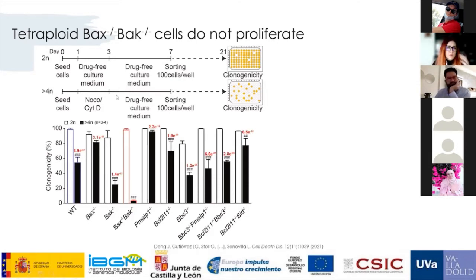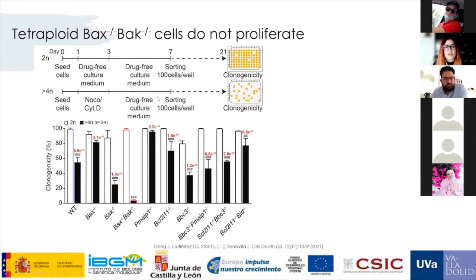We use nocodazole for 48 hours, and then we get cells that are tetraploid. But at this point, when we remove the nocodazole, a lot of cells will die by apoptosis because, as I told you before, most of the freshly formed tetraploid cells will die by apoptosis. So if we want to check stable tetraploid cells, we have to culture them again for 4 days in drug-free culture medium. Like this, the cells that are prone to die by apoptosis will die, and the ones that could revert to diploid will do it.